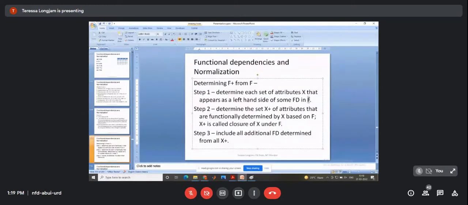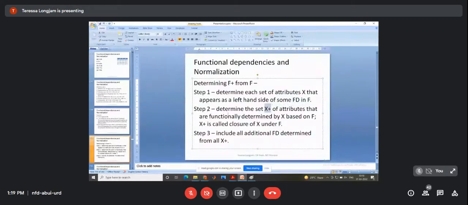We have to determine all the X's, because we will have many functional dependencies in this F. For those functional dependencies, we have to determine X's. After that, we will find the closure of X, that is, the closure of the set of attributes.